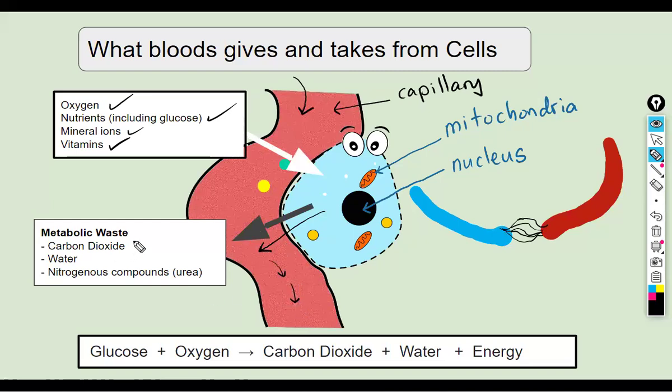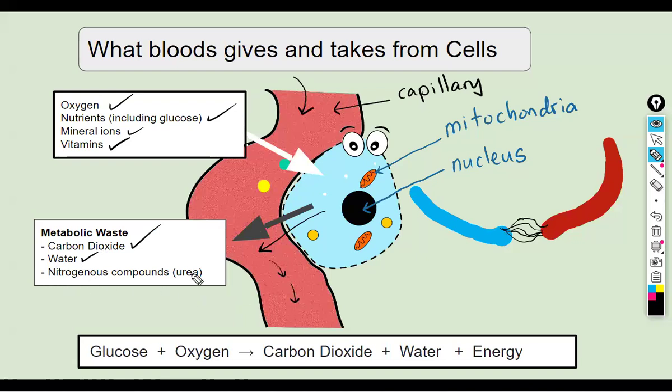Some of the things that a cell produces, the waste, the bad things, are things like carbon dioxide. Some of the water is considered to be waste. I know most people think of water as a good thing, but too much of anything can be a bad thing. In this case, the water produced by the cells is considered a bad thing.